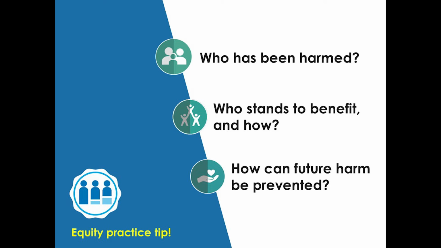Recall, for example, our discussion of New York City's Green Card program and the potential negative consequences of the penalties mandated by local ordinance. Who stands to benefit and how? Will the regulations enhance entrepreneurial opportunities for mobile food vendors and their employees by increasing public trust in such establishments? Will consumers benefit from improved health and safety standards?